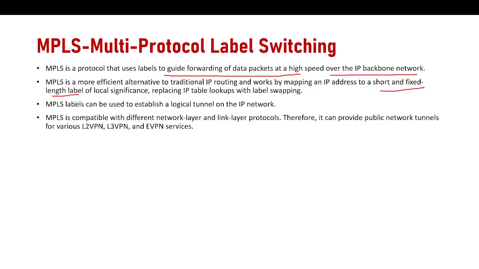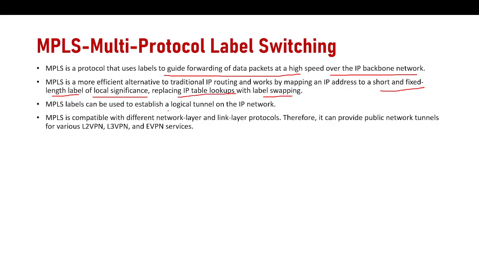It's a short and fixed length label of local significance. Local significance means that label only has local significance on the router that assigned it. Of course, when you start talking about other technologies like segment routing, then the label may not be locally significant.